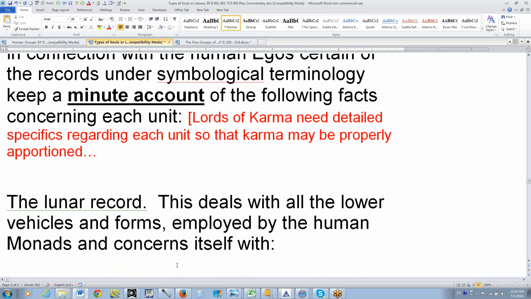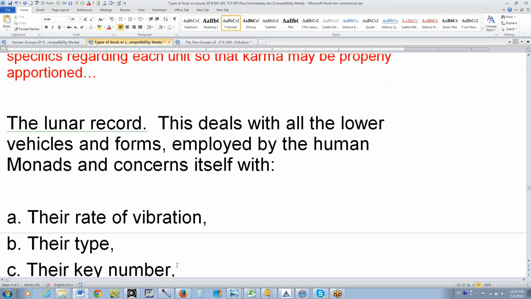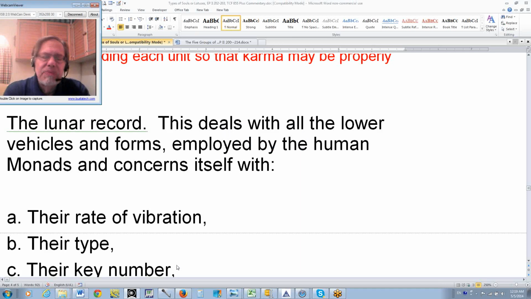So the lunar record, okay, what does this deal with? It deals with all the lower vehicles and forms employed by the human monads, and concerns itself with their rate of vibration, the rate of vibration of every one of the vehicles, and its particular, I suppose, subplane focus, as each one of the subplanes is differentiated by a different rate of vibration, a different color, a different musical pitch.